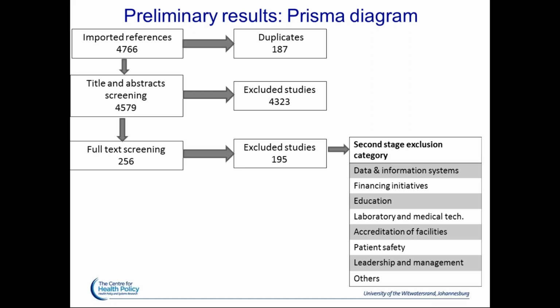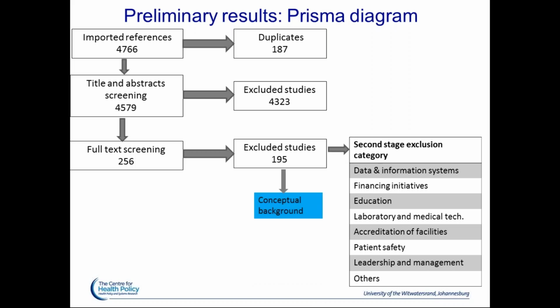The second stage of our exclusion criteria provided a broad lens to quality improvement, because it gives ideas of categories of approaches used in quality improvement broadly, but it does not actually explain some of the clinical governance processes.